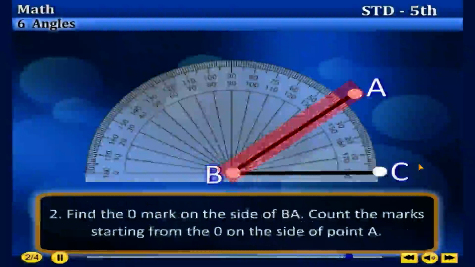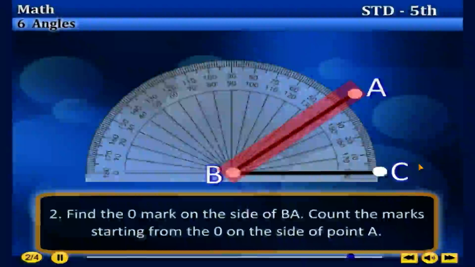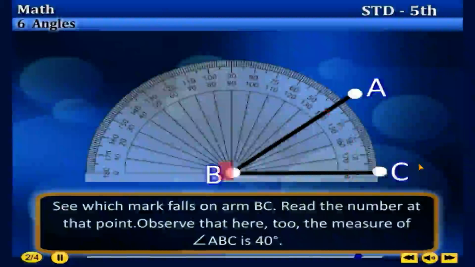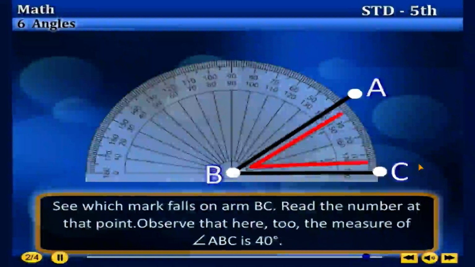Second, find the zero mark on the side of BA. Count the marks starting from the zero on the side of point A. See which mark falls on arm BC. Read the number at that point. Observe that here too, the measure of angle ABC is 40 degrees.